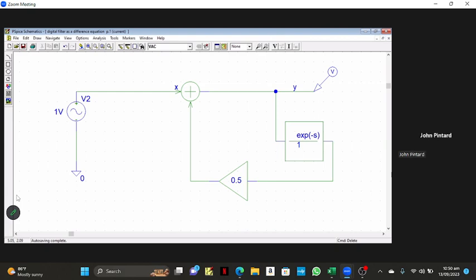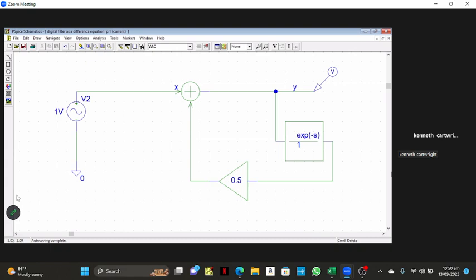What do you think that EXP of -s does? What's the purpose of that? All right. Look at this diagram in light of the equation we did last class. Equation 4.5. Tell me what the output is equal to.